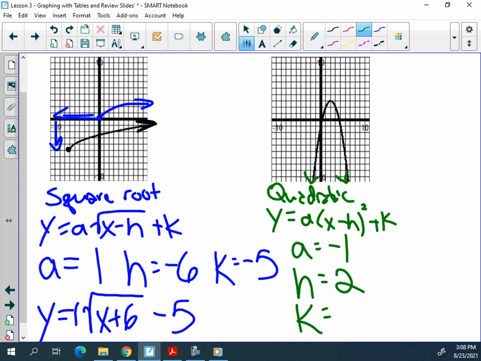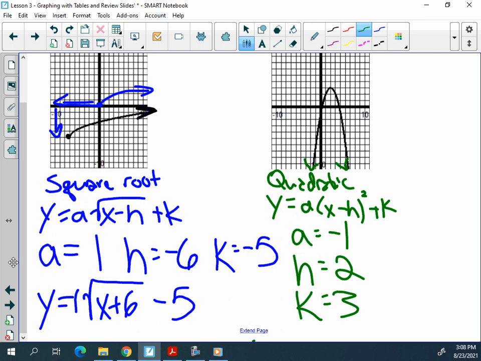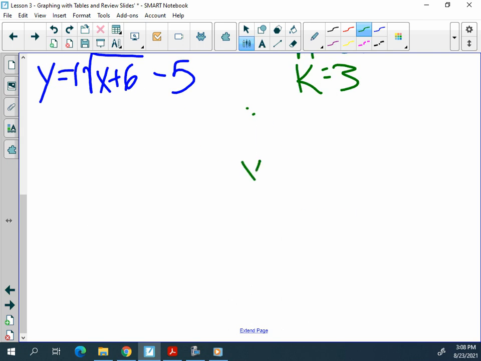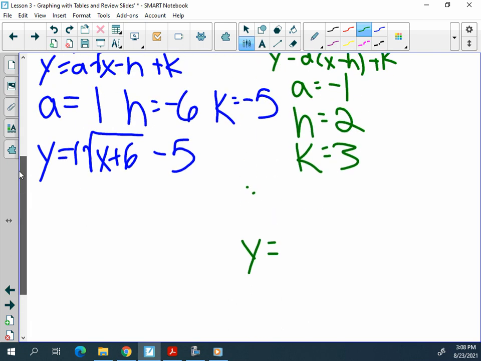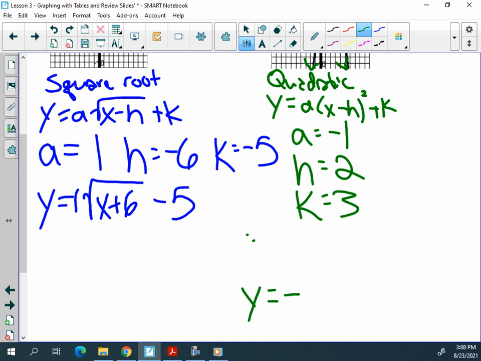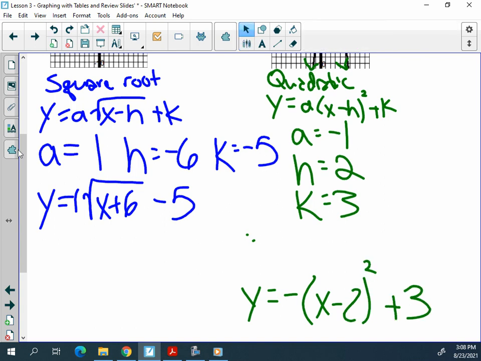And k, we've moved up 3, so k is 3. So now, putting it all together, we're going to have this. Y equals negative, we could make it -1, but we don't actually have to write the 1, x minus 2 squared plus 3. And that is how we graph with tables and write equations given h and k or given a graph.